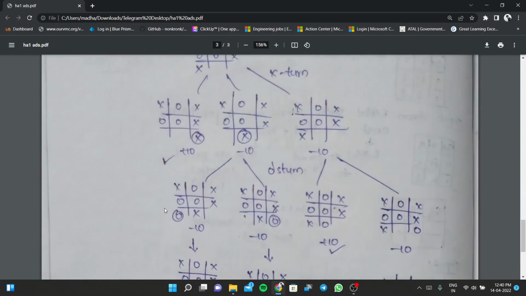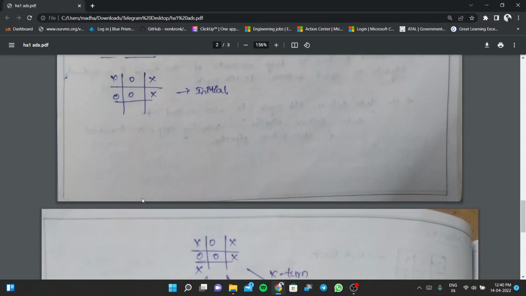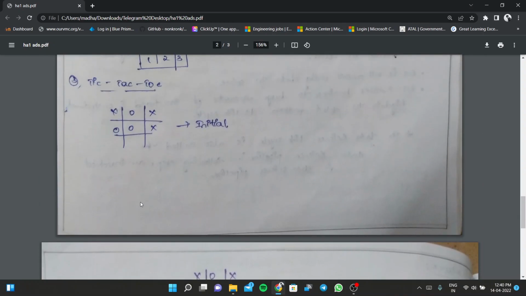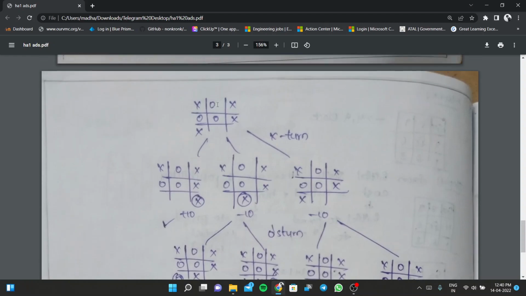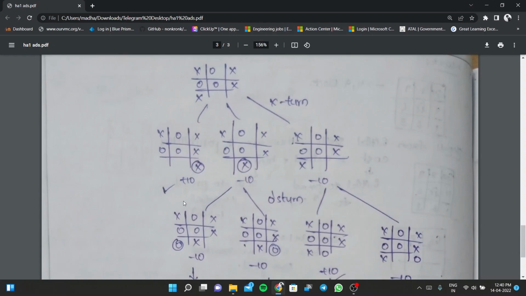So the tic-tac-toe problem is nothing but finding one of the best solutions. We need to find solutions which will always win, and every time the solution which wins, we write out that thing. From here X wins, so that is positive 10, and here no one wins, so that is negative, and here also no one wins, that is negative.